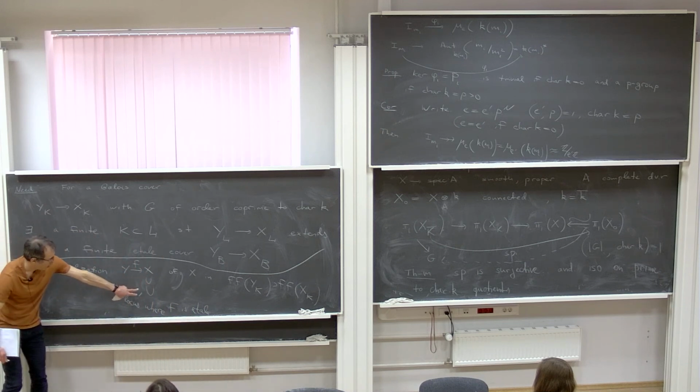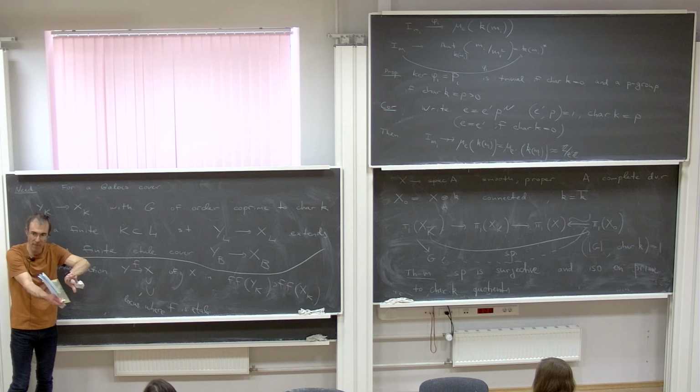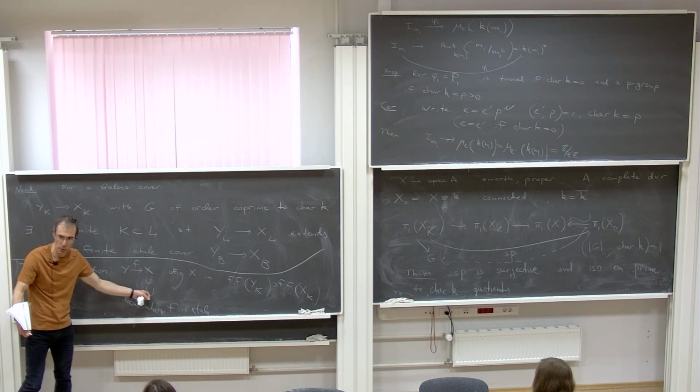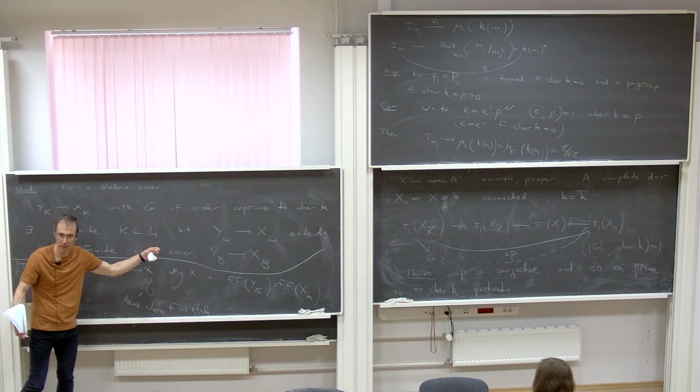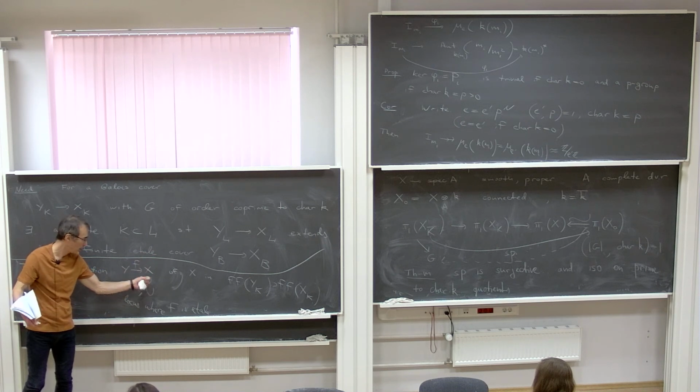Now, by purity, by Zariski-Nagata purity, I know that if U contains all points of codimension 1, then U is everything. Because the ramification locus, the complement to U, is pure of codimension 1, sorry. If the complement to U has codimension at least 2, then U must be everything.